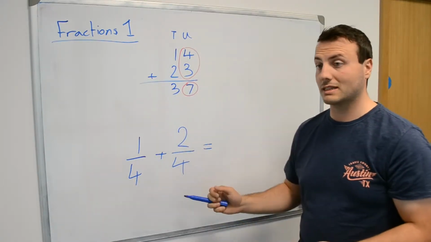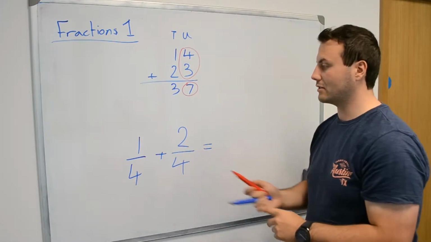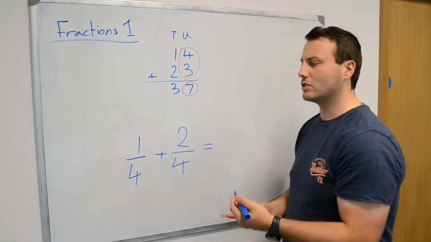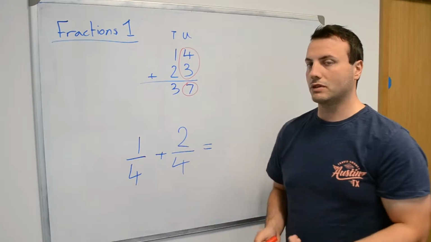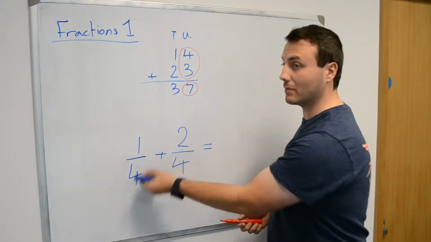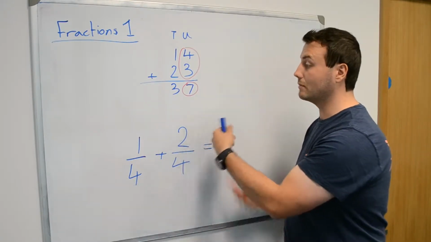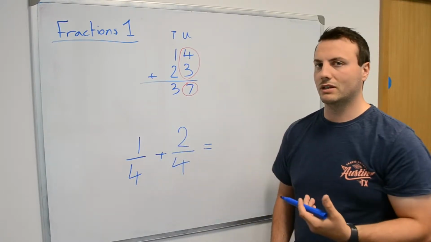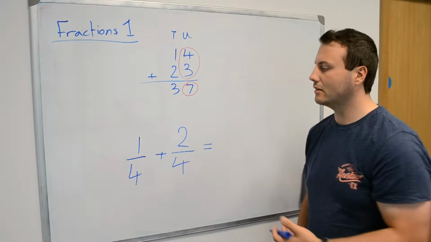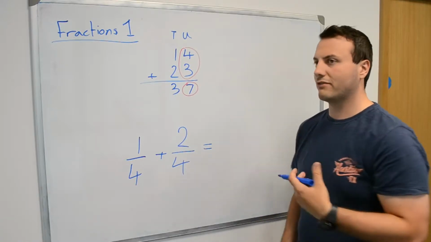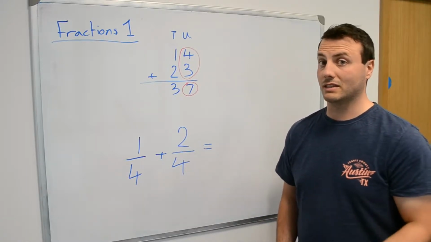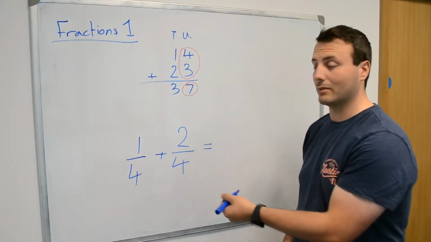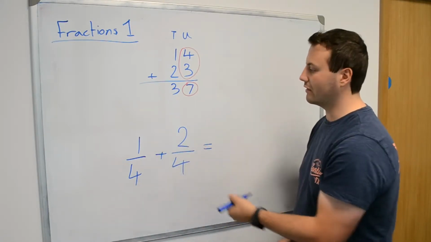This rule works exactly the same for when you do the addition of fractions. So we think of the top number as the multiple. In this case we have 1 lots of something over 4, and here we have 2 lots of something over 4. And on the bottom, that's what you consider the denominator, or the base of our fraction. So fractions can only be added if the bases are the same as each other. So in this case, this question can be answered 1 over 4 plus 2 over 4.